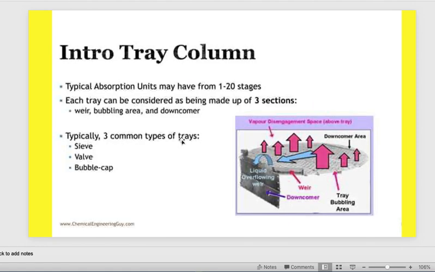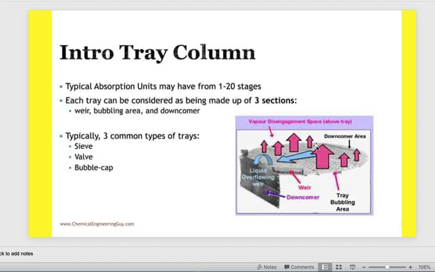Okay, here I want to discuss with you the main composition of the tray. The tray, which is here in the shape, has a weir. This part is a weir, and here is the liquid downcomer, to transfer the liquid from stage to stage, from tray to tray.